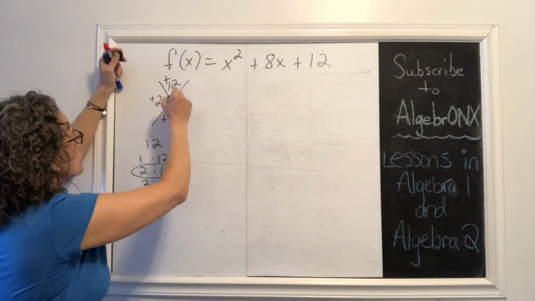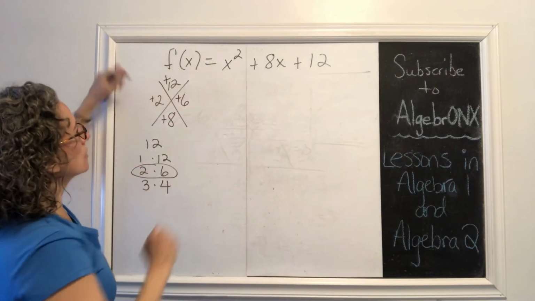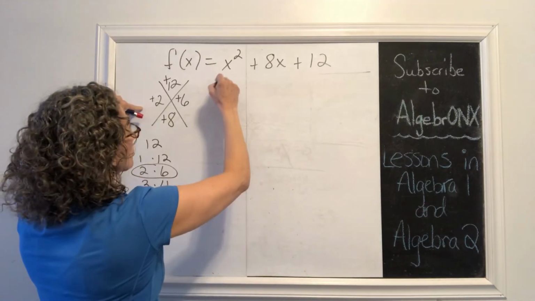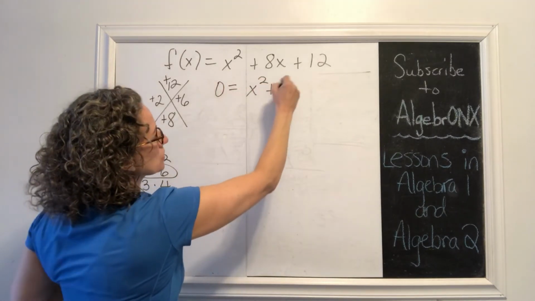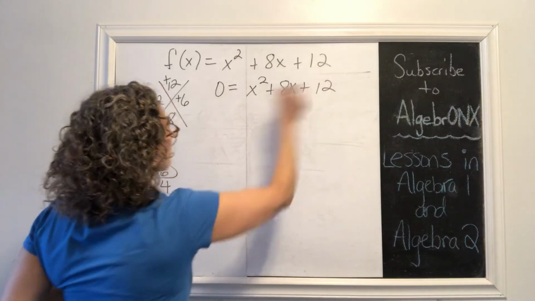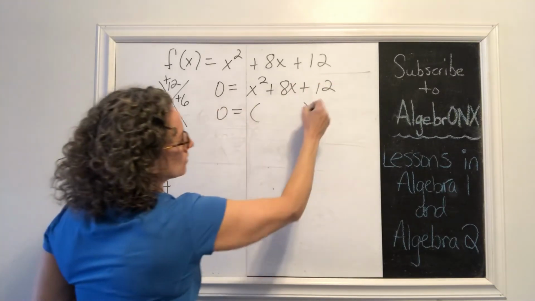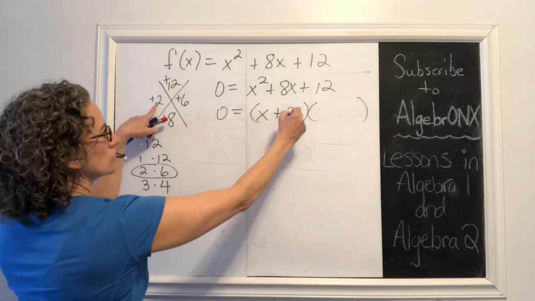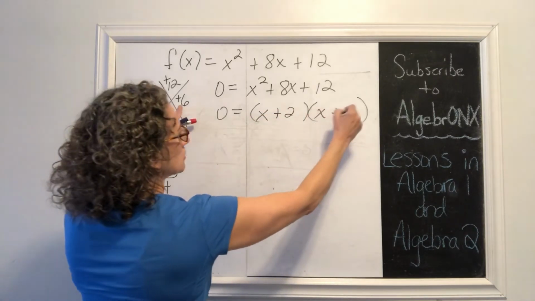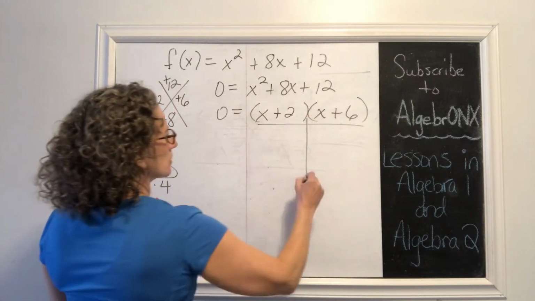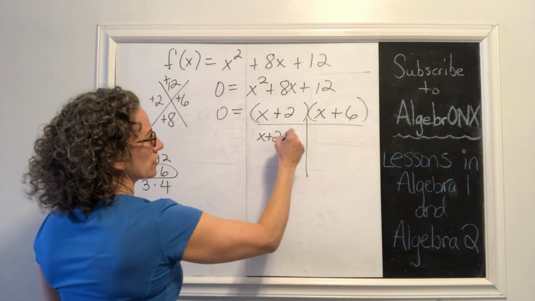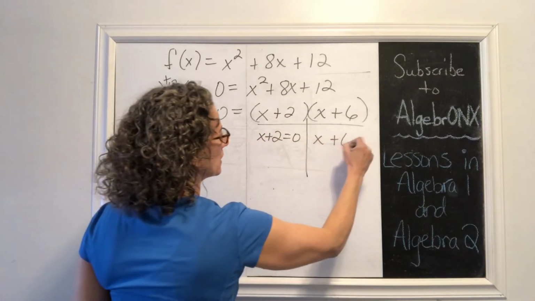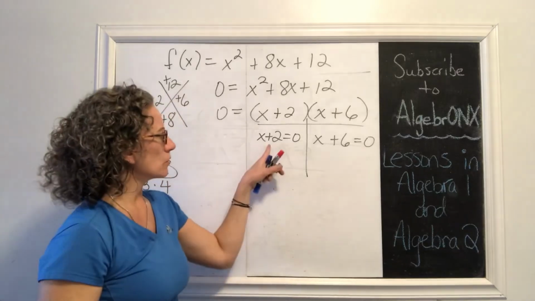So we need a plus 2 and a plus 6, and then 0 equals the function, because we're looking for the zeros of the function. 0 is equal to the factors x plus 2 and x plus 6. Make the t-chart, set each factor equal to 0, and I think by now you're kind of getting the groove of it.